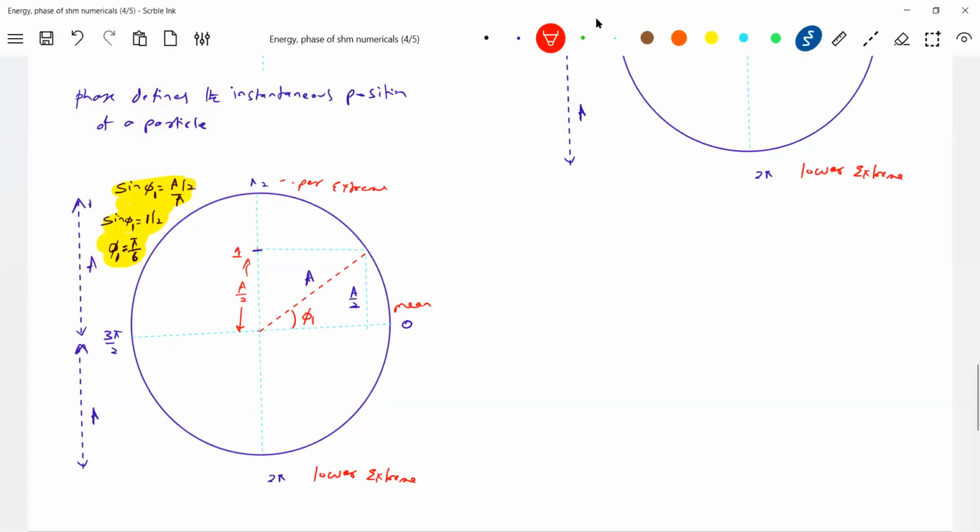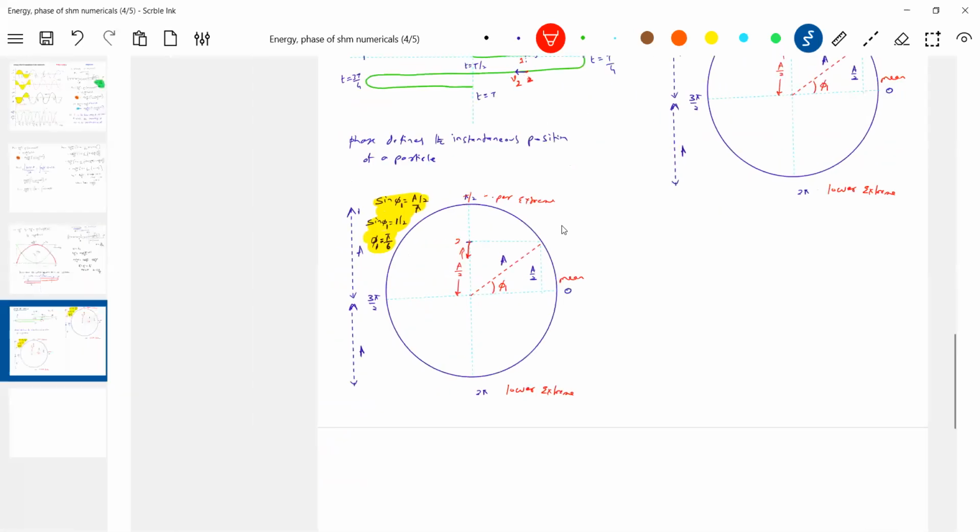Now what will happen to the particle? Where should the particle be?